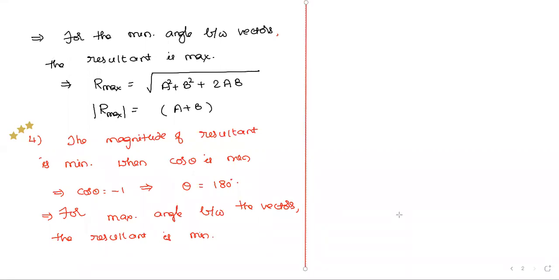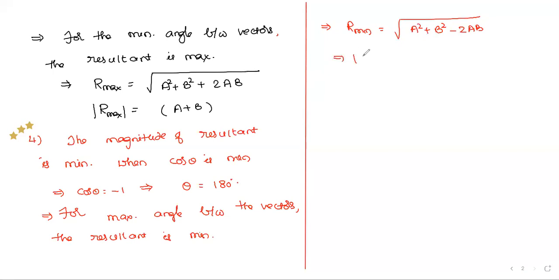Then if you come to here, the resultant is minimum. That implies R minimum is equal to, the majority of the students already posted the answer, that is correct, root of a square plus b square, you will get minus 2ab here.